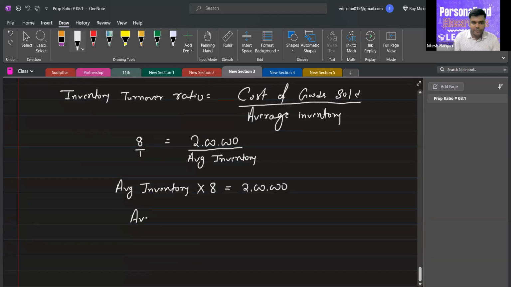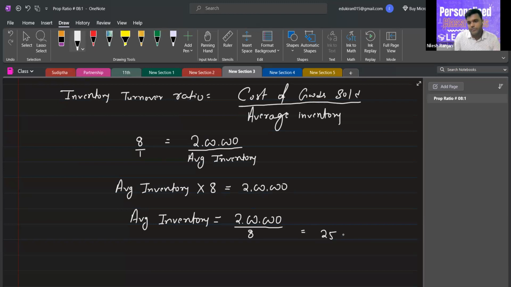So average inventory equals 2 lakh divided by 8. We will get 25,000. Is this clear? So we get 25,000 as average inventory.